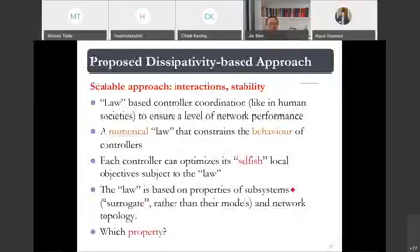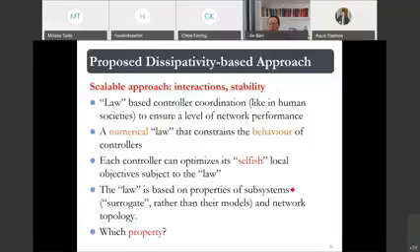So the proposed dissipativity-based approach is a scalable approach. The whole idea is we use dissipativity theory to study the interaction effects and the stability condition of a plant-wide process.